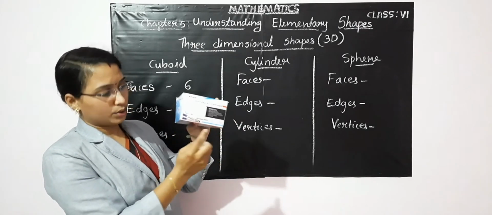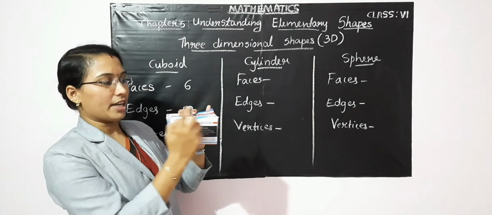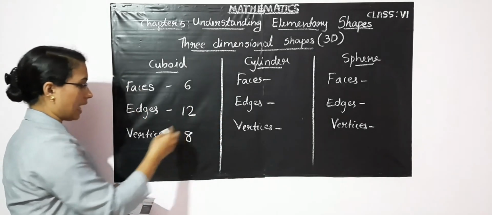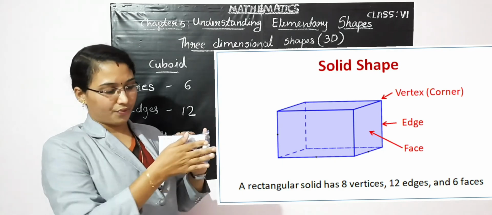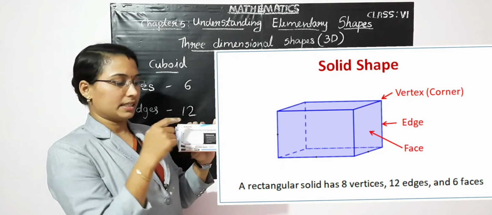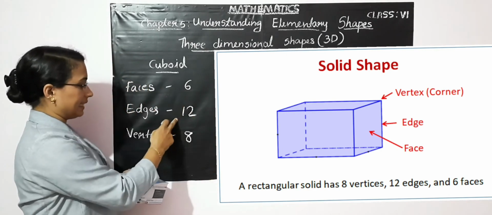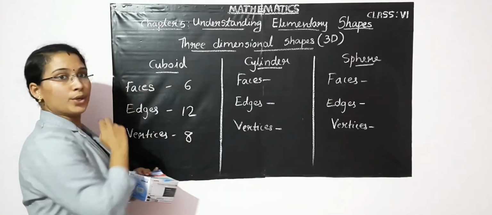Total 8 vertices are there in the cuboid. So face, then edge, then vertex. These are the faces, edges and vertices of a cuboid.